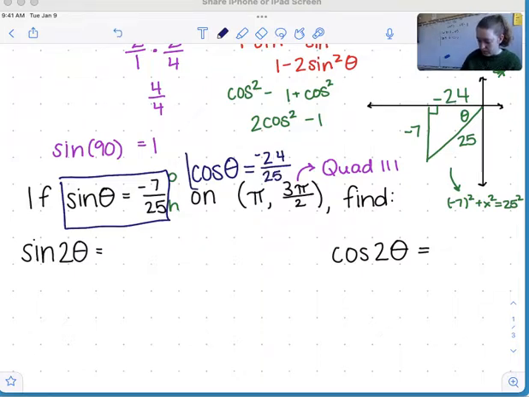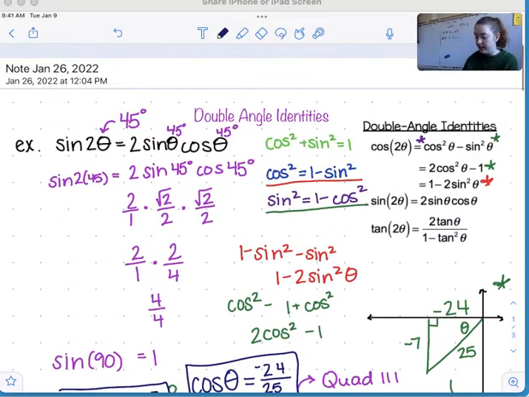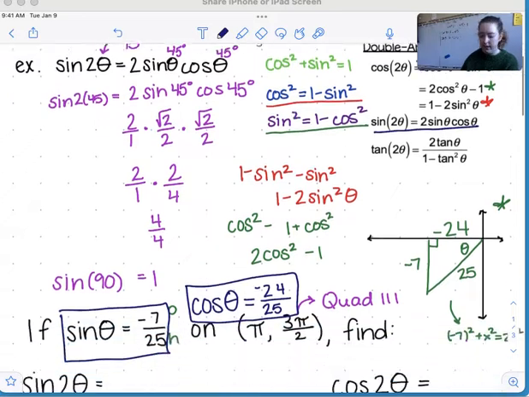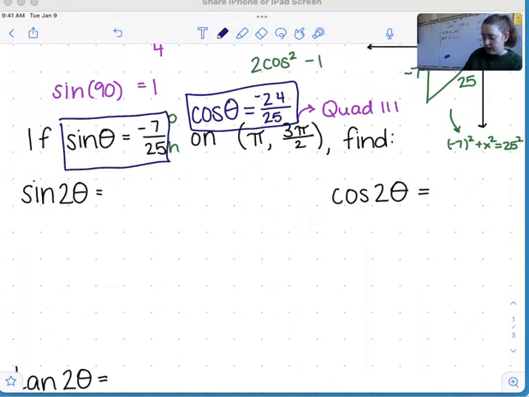So those are two pieces of information that are going to be super helpful to us. So when we look at our sine double angle identity, it's going to be 2 sine cosine. So here I've got 2 sine cosine.